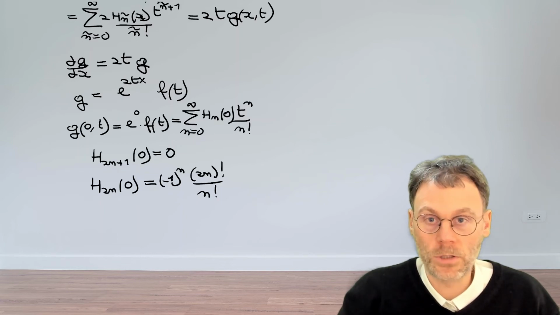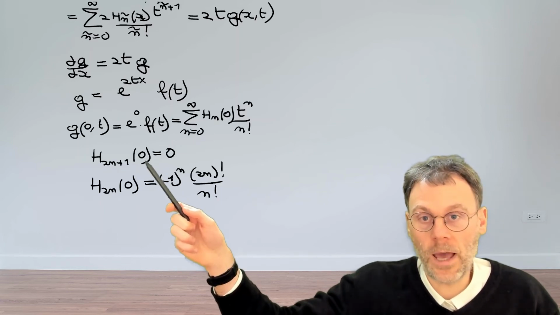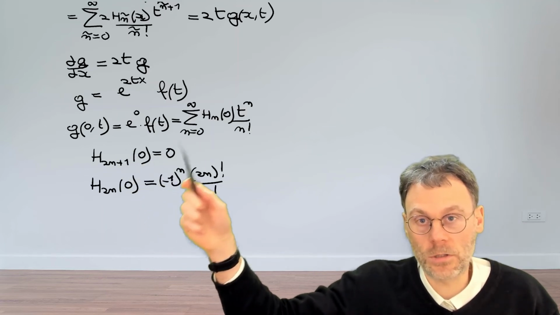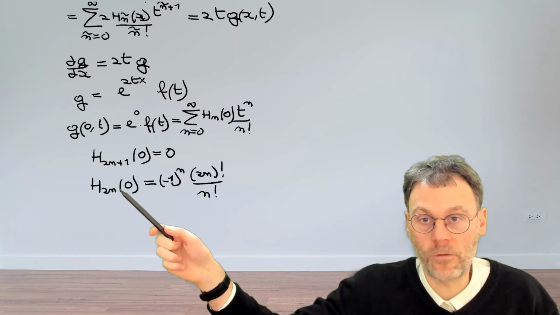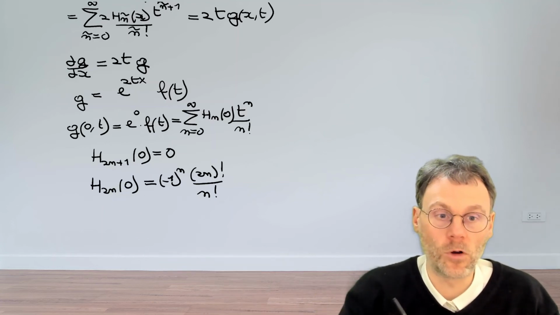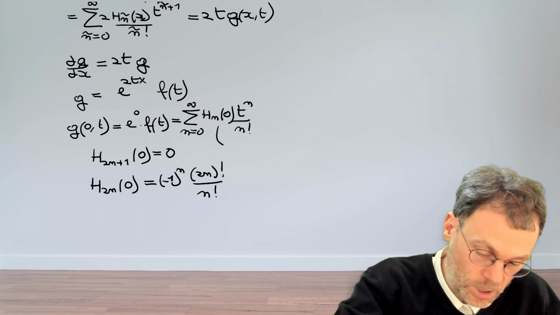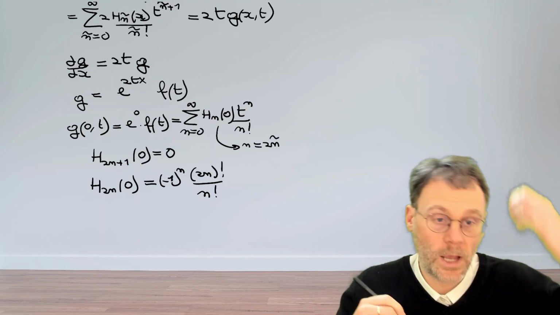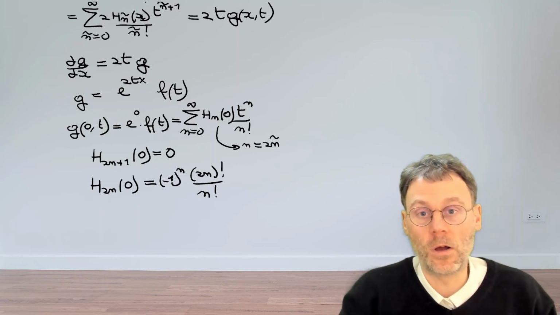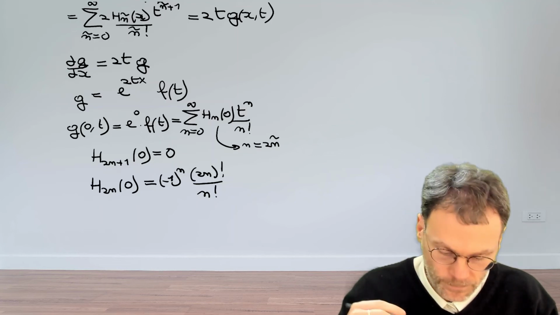Okay, almost there. Let's have a look here. If we have odd orders, we don't have any contribution. So the only contribution is coming from even orders of Hermite polynomials. So that would suggest that it makes a lot of sense here to try and make the substitution n is equal to 2 n tilde, because that will allow us to only keep the even terms.